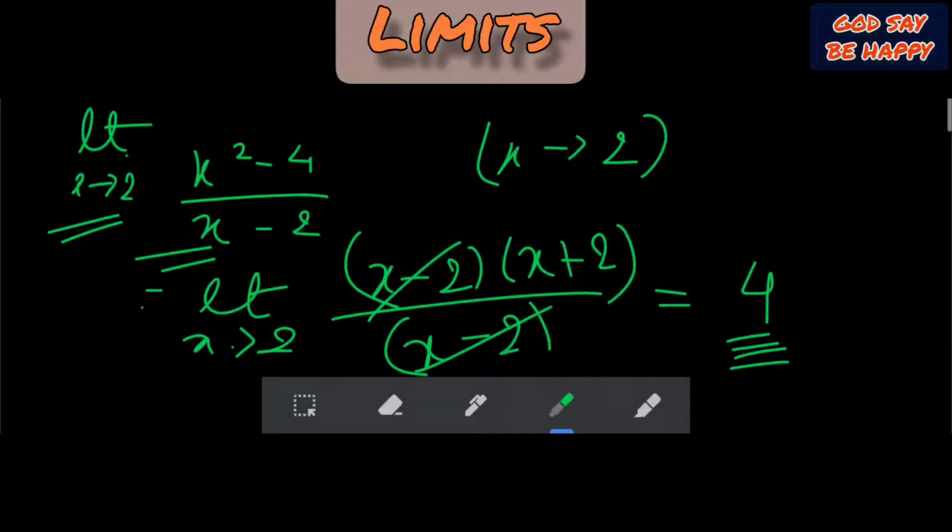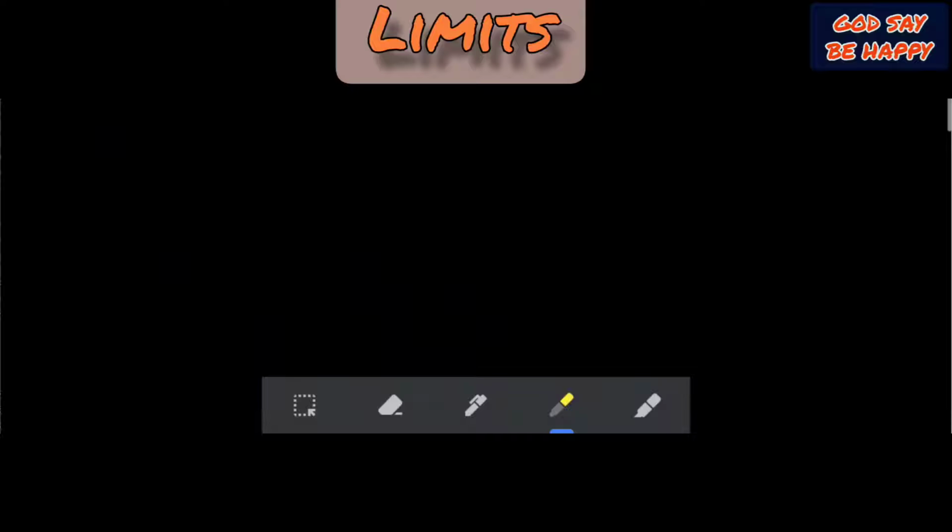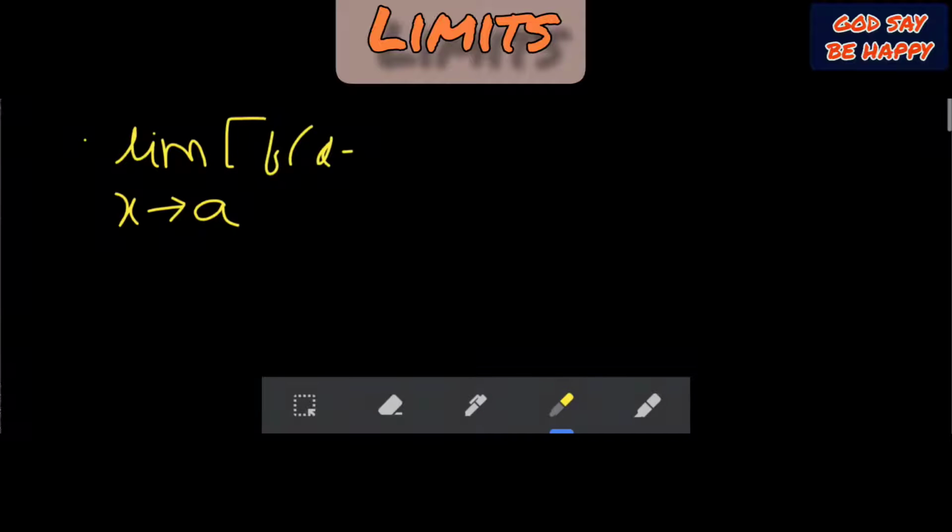So this is the case of limit. Now we will study algebra of limits. How we are going to deal with it? Let's discuss that. Now algebra of limits. If we are given limit x tends to a, f x plus g x, now we can write it like this also.